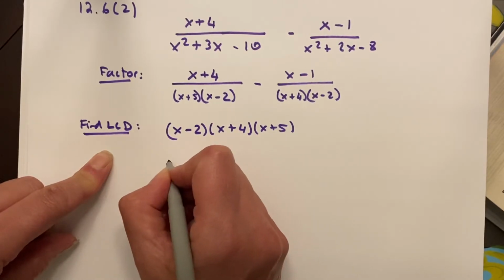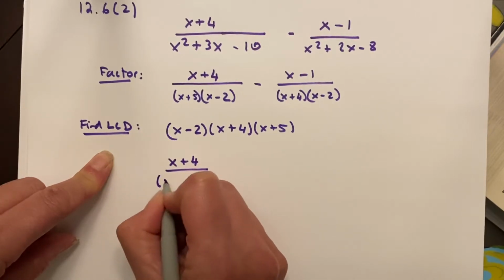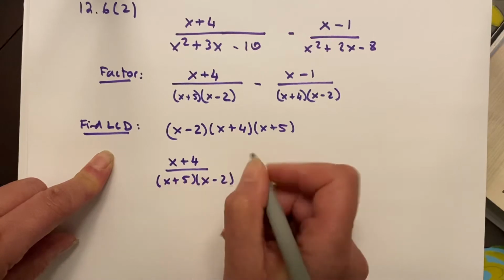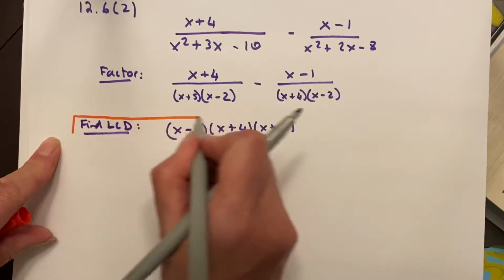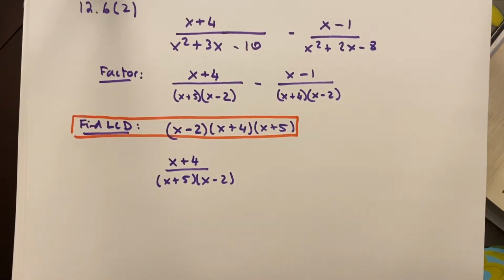So let me rewrite this. I'm going to get x plus 4 over x plus 5 times x minus 2. In order to get this LCD, which I'll put a little bit of red around so that we remember what we're trying to get to, I need to multiply.